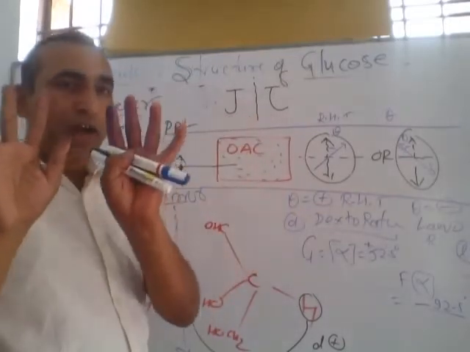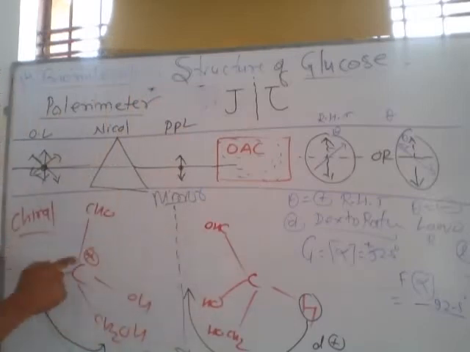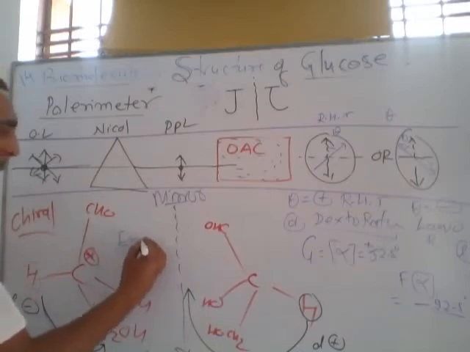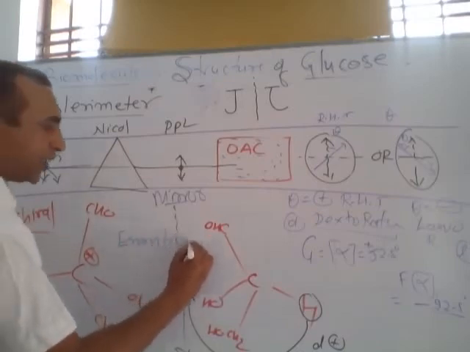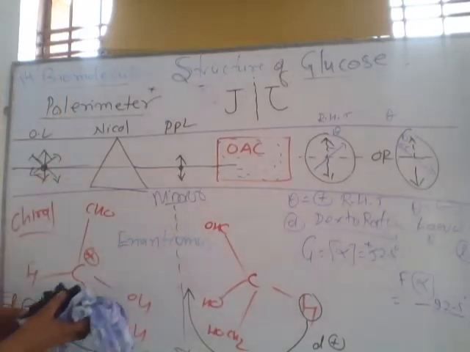Our hands are also chiral objects, but these are chiral compounds. In a compound, the chiral center should be seen. This chiral center is also called a stereocenter. These two are also called enantiomers. Enantiomers means dextro and levo compounds that are mirror images.